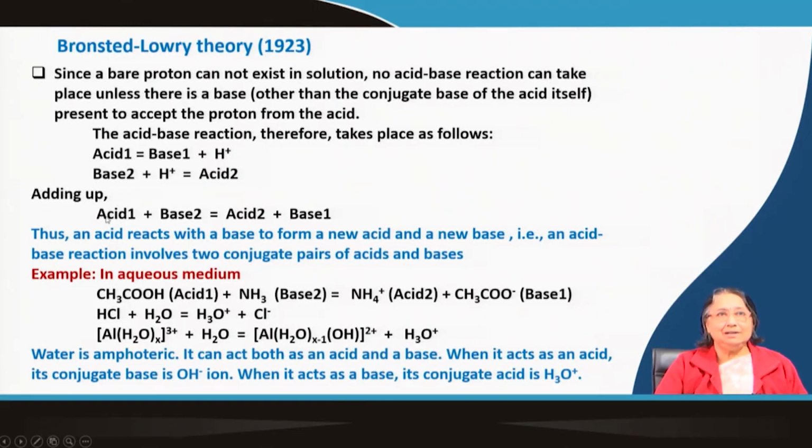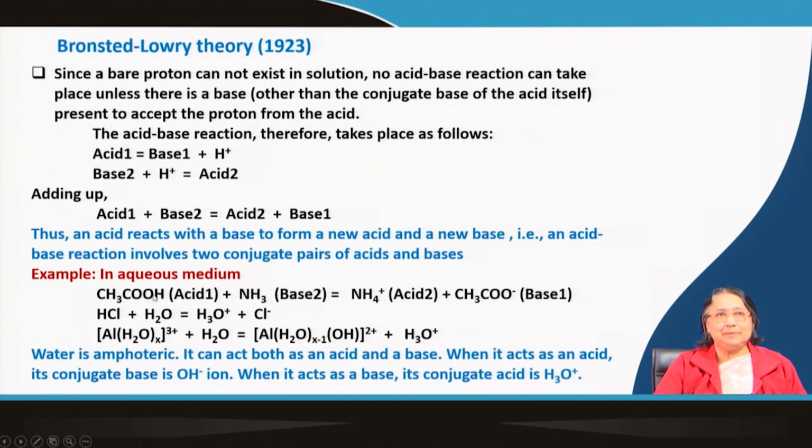If we add these two equations, we see that acid 1 plus base 2 gives acid 2 plus base 1. Thus, an acid reacts with a base to form a new acid and a new base; that is, an acid base reaction involves two conjugate pairs of acids and bases. Here, in the example, acetic acid is acid 1, and the ammonia molecule, which is base 2, can produce ammonium ion.